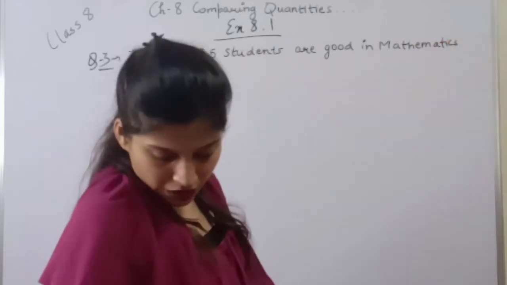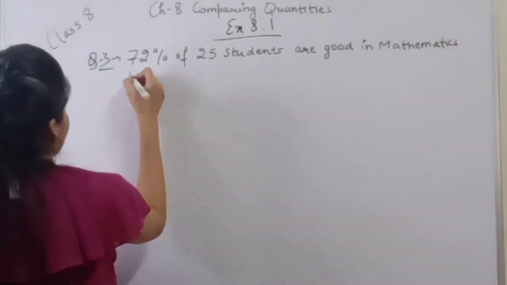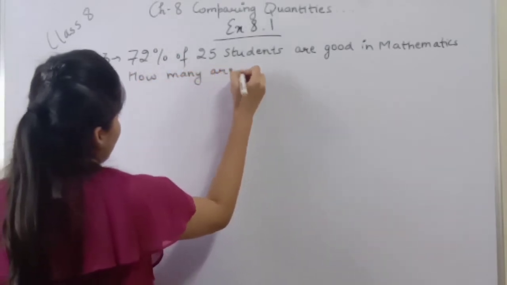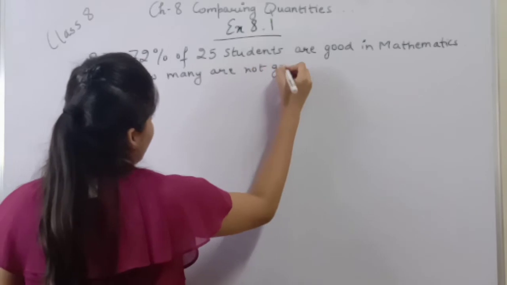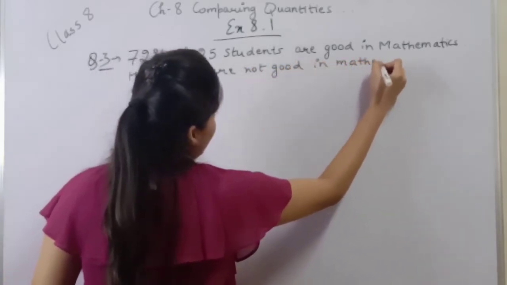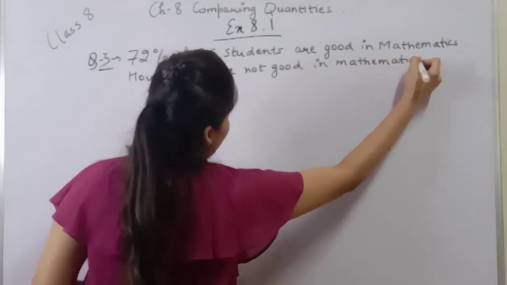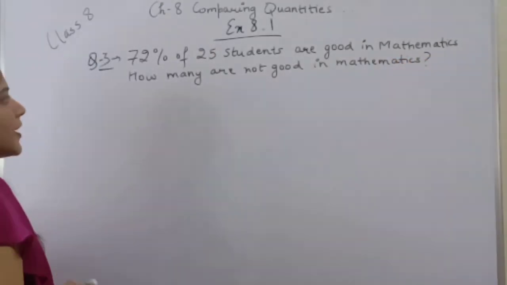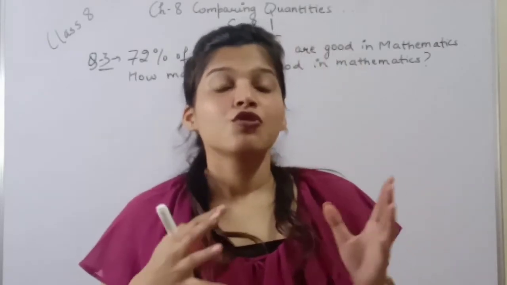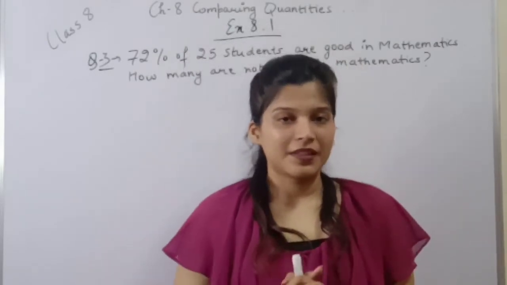Okay, so how many are not good in mathematics? So our question is 72% of 25 students are good in mathematics. So how many are not good in mathematics?